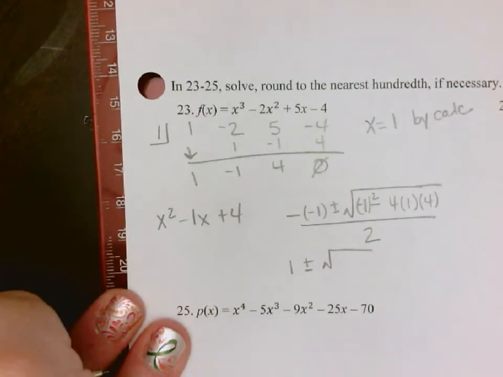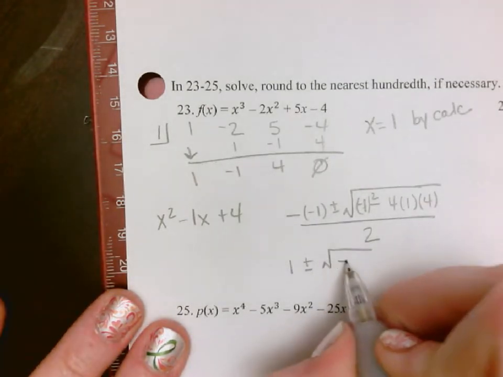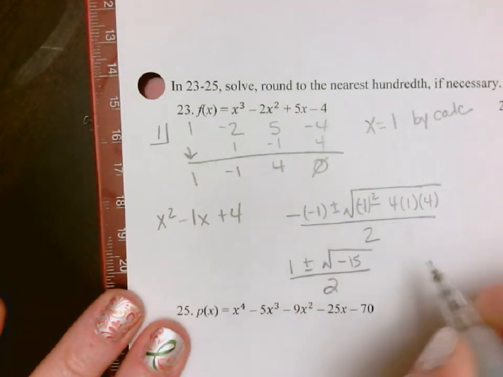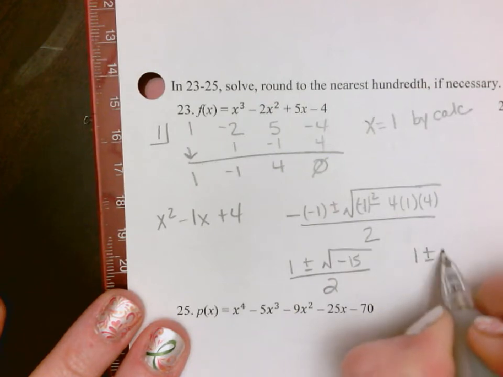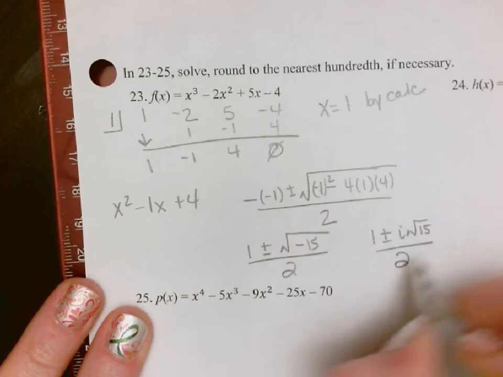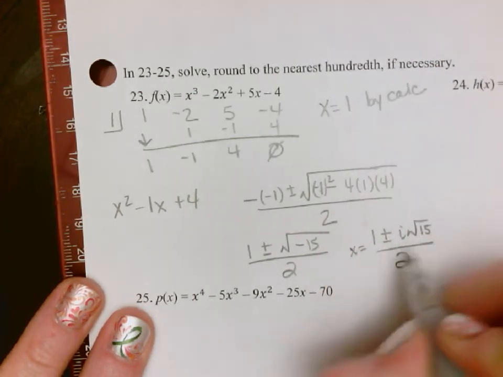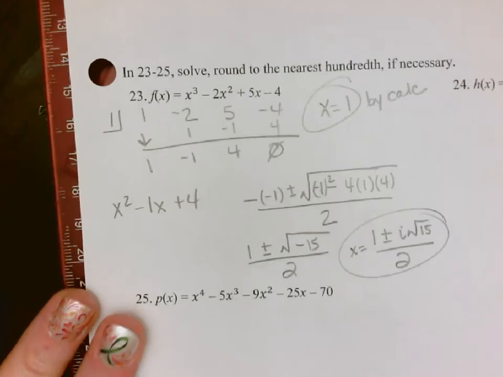Minus 1 times 4 times 1 times 4. Negative 15 divided by 2. So this would be 1 plus or minus i root 15 divided by 2. So my answers are x equals this and that.